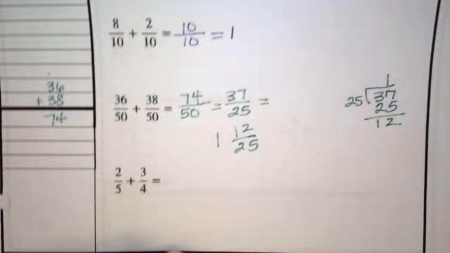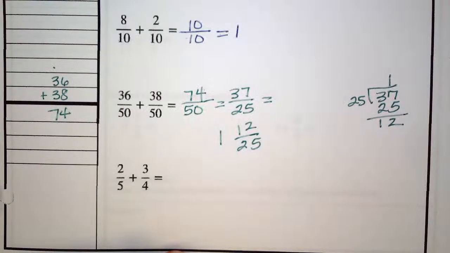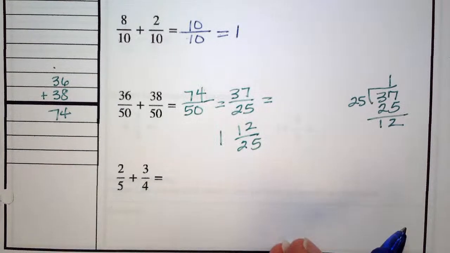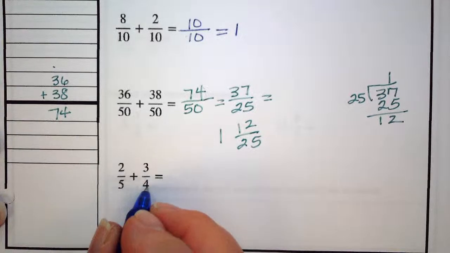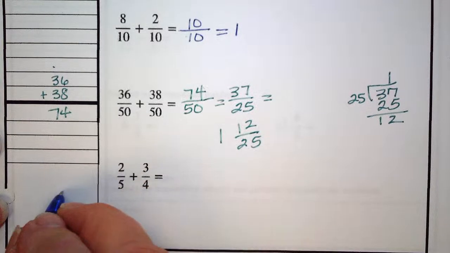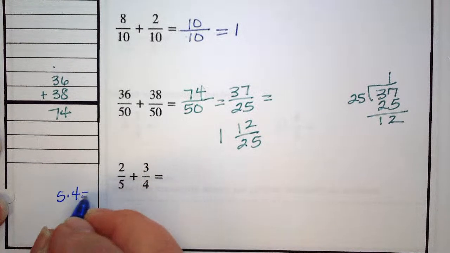For the next one, 2/5 plus 3/4. Do they have the common denominator? No. Do 5 and 4 have any common factors besides 1? No. So we know that the smallest common denominator will be 5 times 4, which is 20.